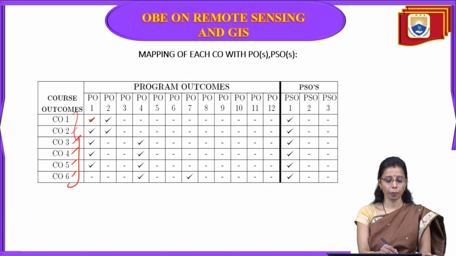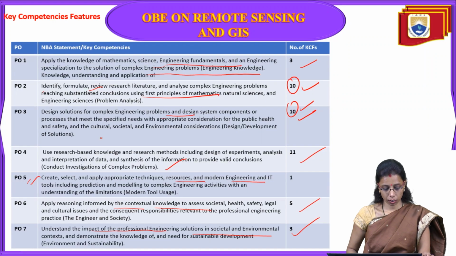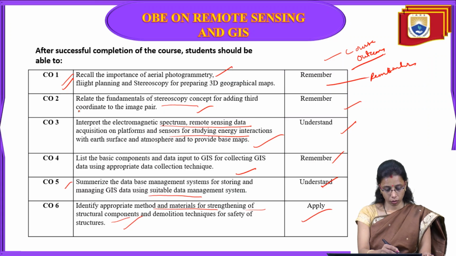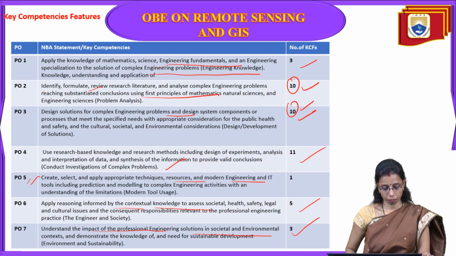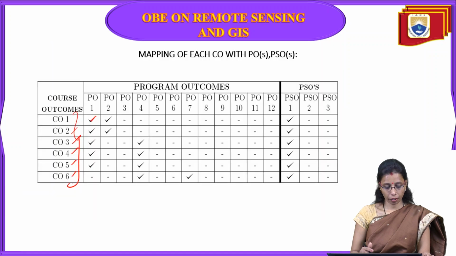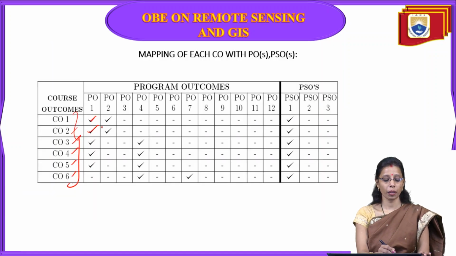So that's why it is mapping to PO1 here. So next CO2. Here if you see CO2, it is related to photogrammetry. So CO2 is also mapping with PO1, that is engineering knowledge.